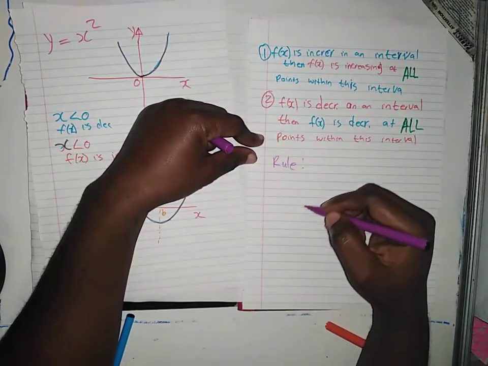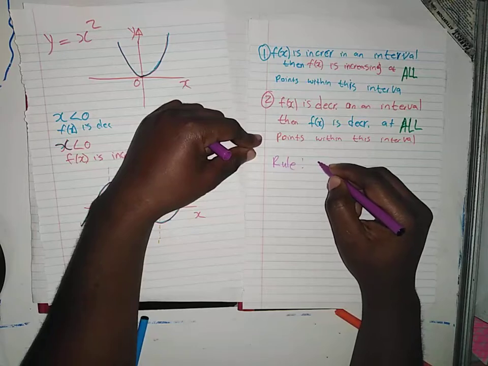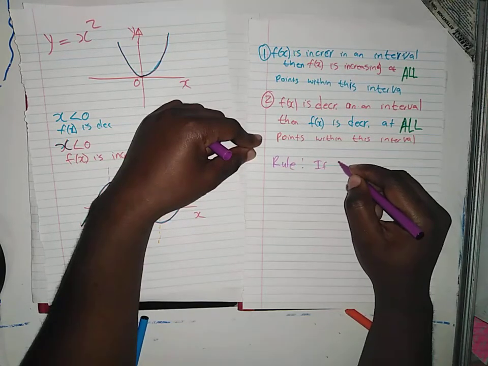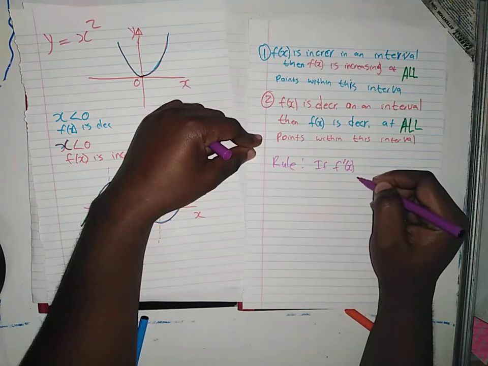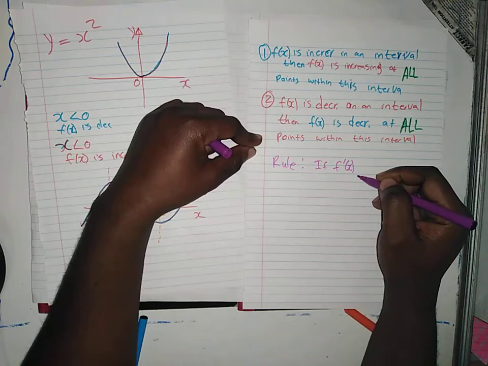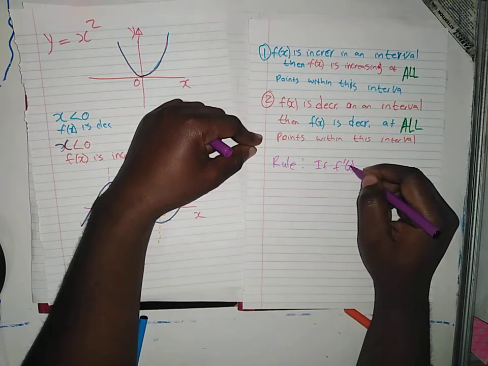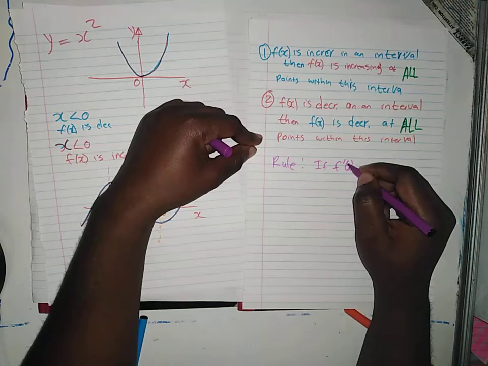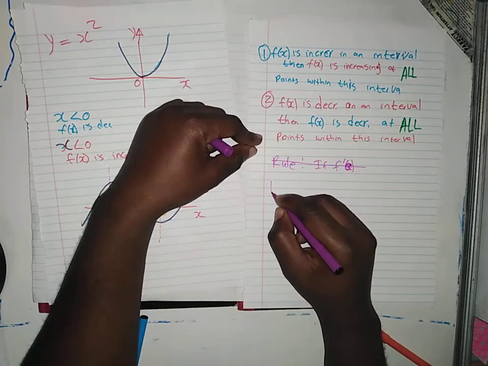It says that if f prime at x, remember we said if f prime at x is greater than 0, then we have an increasing function. So if f prime, and then we take any point, let's call this point A, if f prime at A, okay, let me actually write it afresh. Okay, it's a rule.